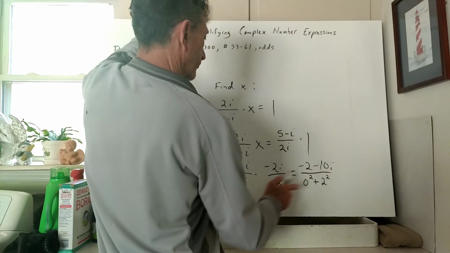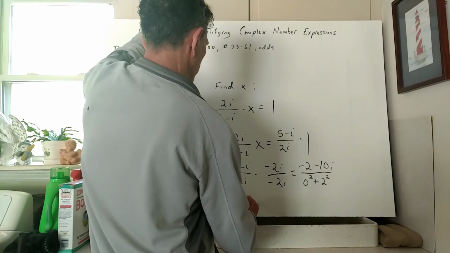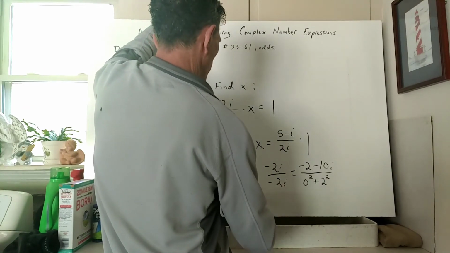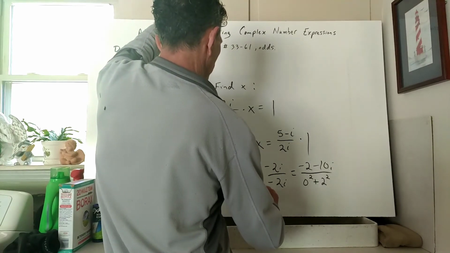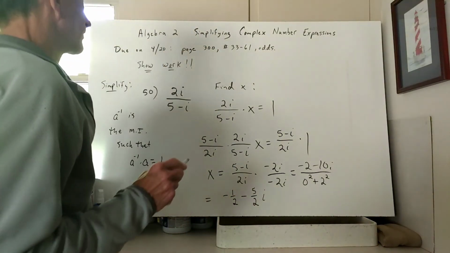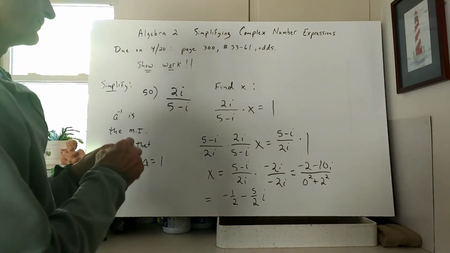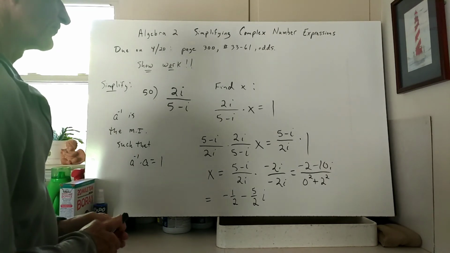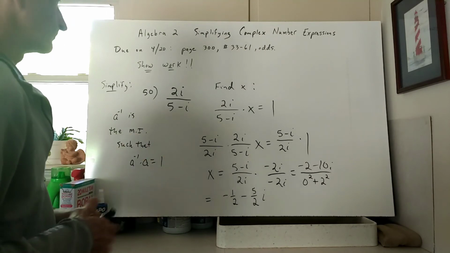Negative 2 fourths is negative 1/2. Then we have negative 10 fourths, which reduces to negative 5/2 i. So that should be our multiplicative inverse. Could we check it?